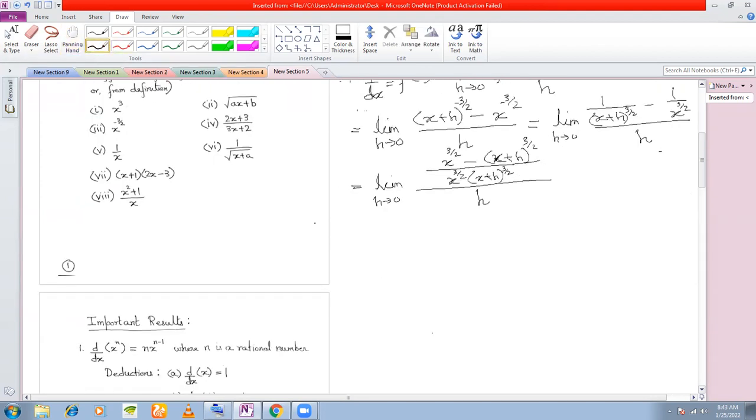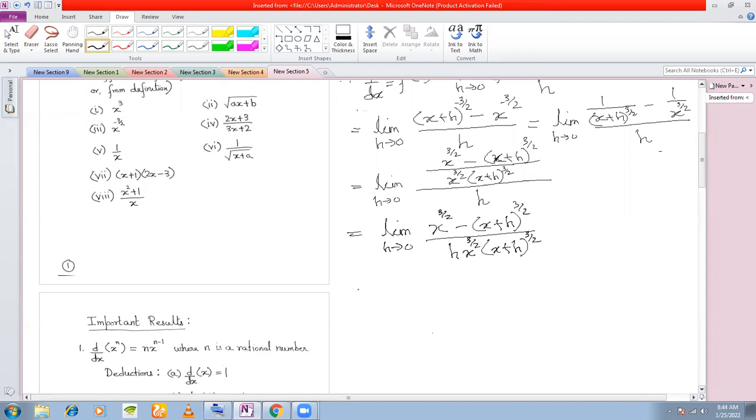Okay, so in the next step, what you can do is write this as limit h tends to 0, x to the power of 3 by 2 minus x plus h to the power of 3 by 2 divided by h into x to the power of 3 by 2 into x plus h to the power of 3 by 2, right?